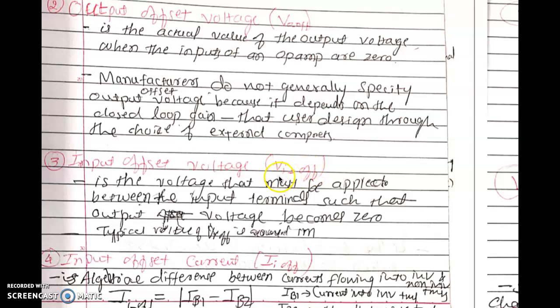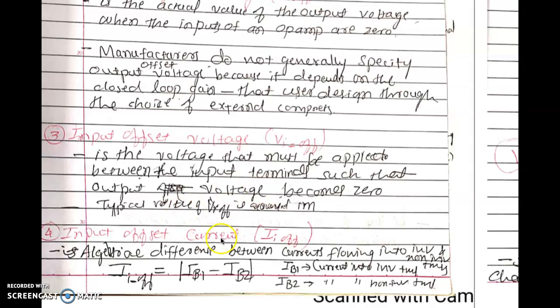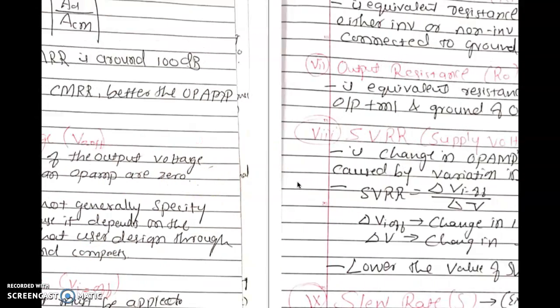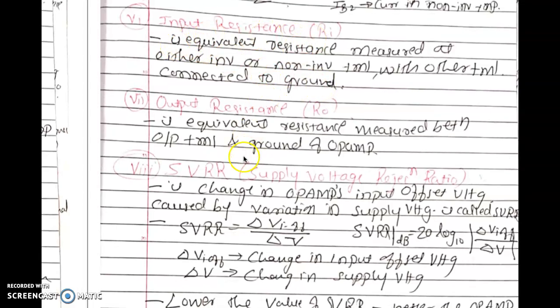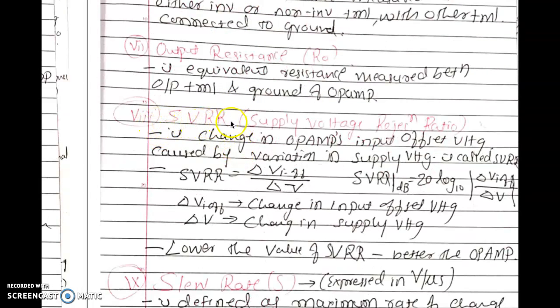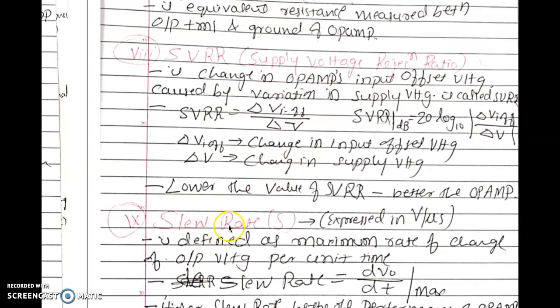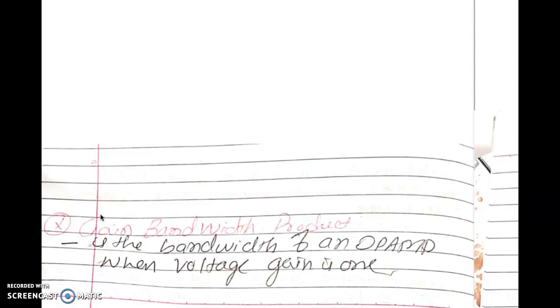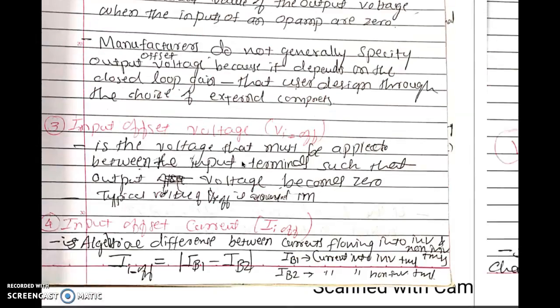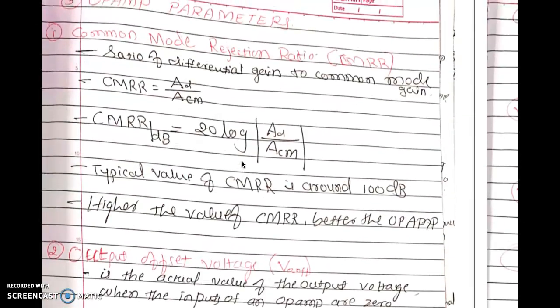Then output resistance, then input resistance. The eighth parameter is SVRR, the supply voltage rejection ratio. The ninth parameter is slew rate. Apart from this, the 10th parameter is gain bandwidth product. All these are the things we are going to study in the op-amp parameters.